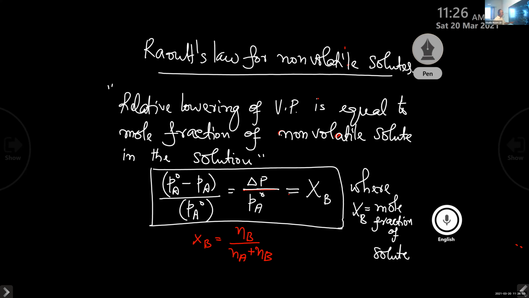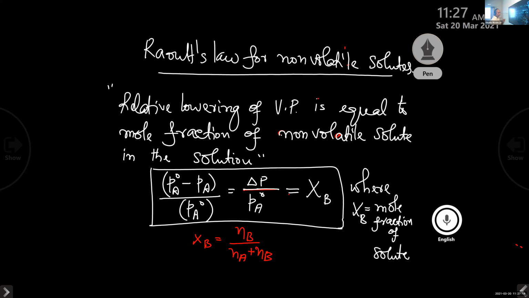But for a dilute solution, the number of moles of the solute is very small, extremely small. So NB is a very small value, so that Na plus NB is approximately equal to Na.